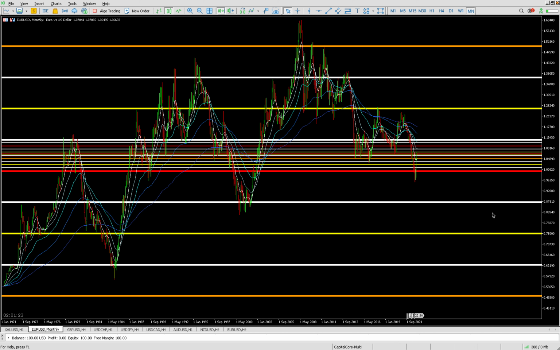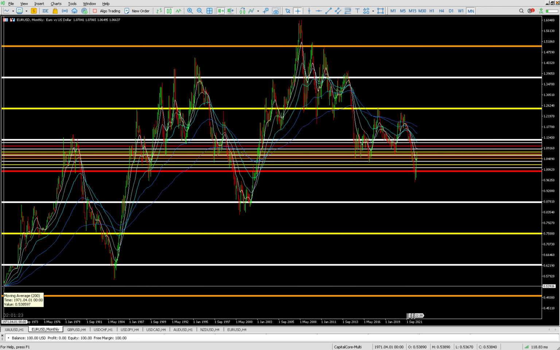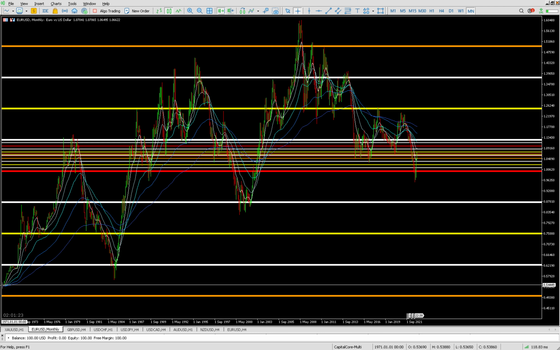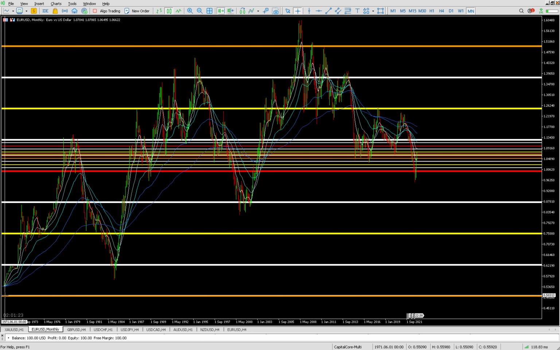Now, I don't have all the high time frame marked out here simply because it doesn't exist. In other words, price since 1971 started down here at 0.5, 3.55 right there. So the lowest that I have marked is this quarter theory level here.